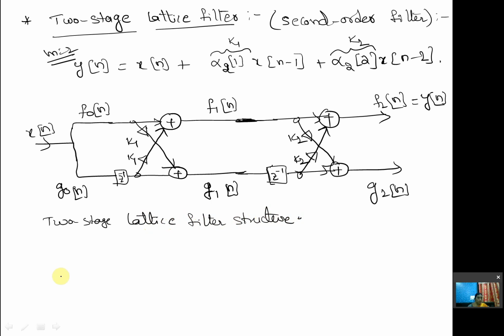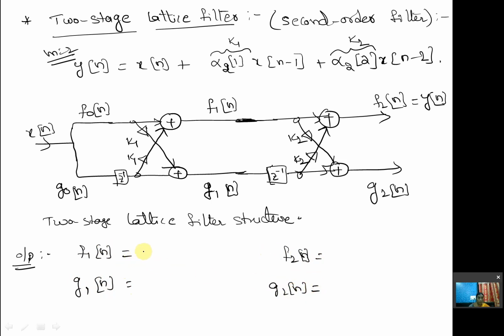Now here, what is the output here? What is the output? So see this. What is f1 of n and what is g1 of n? First write like this, and then similarly write f2 of n, g2 of n. What is f1 of n?